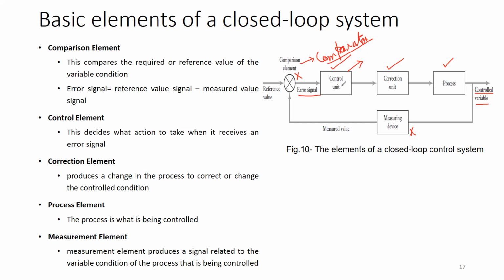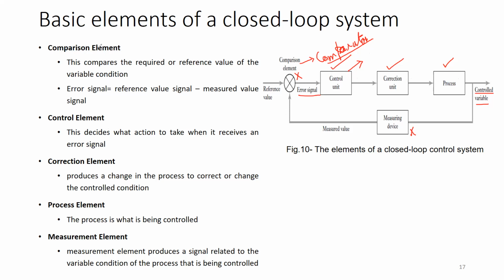So in तीनों में से जो भी होगा applicable इस system के लिए, that will be implemented through the control unit, and whatever value comes from the control unit will be sent to the correction unit and then to the process.